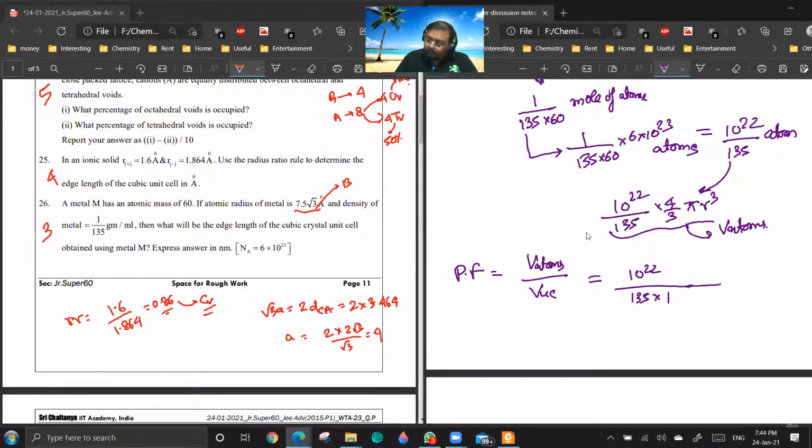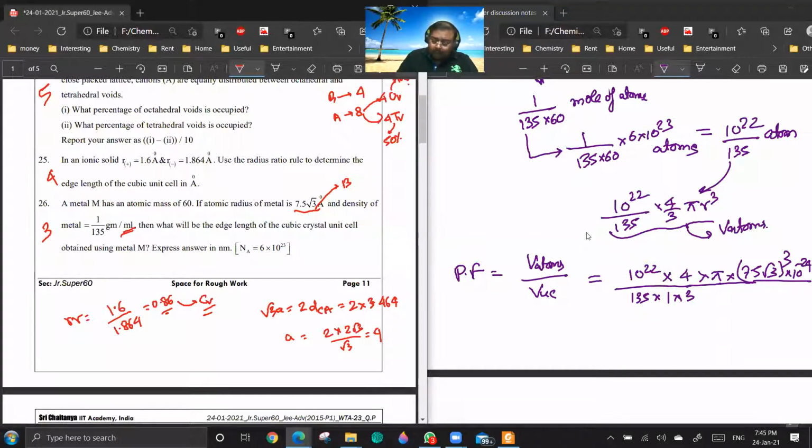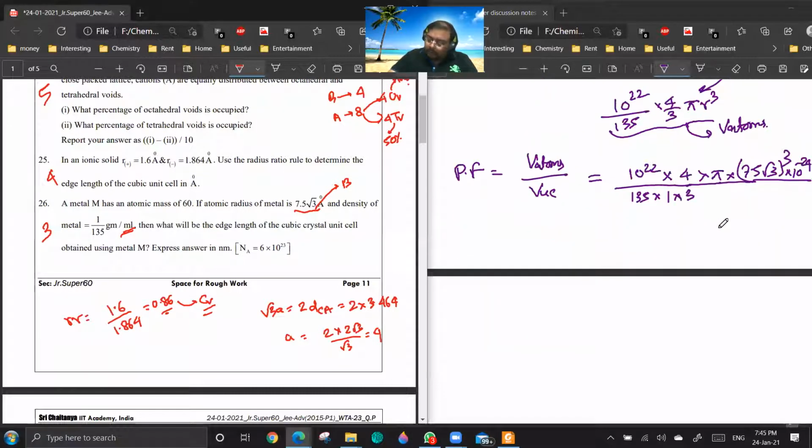Volume of atoms is this much into 4 by 3 into pi into r cube. What is r? 7.5 root 3 whole cube into 10 to the power minus 24, because we have to express everything in centimeter. Yes or no? Because it is in gram per cc.